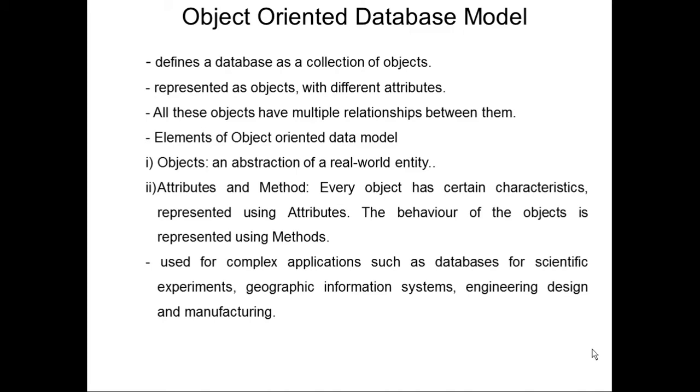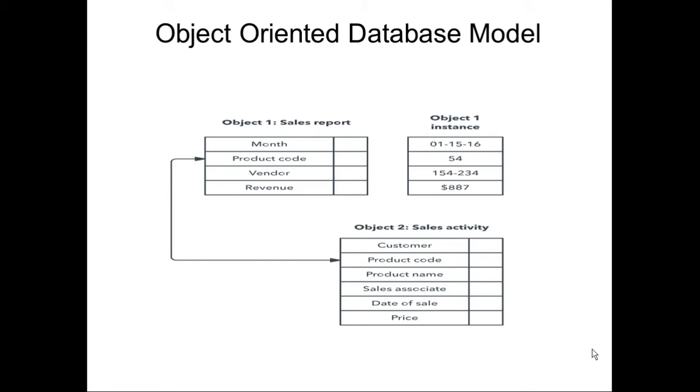The object-oriented database model can be used for scientific experiments, geographic information systems, engineering design and manufacturing. Here 3 objects are there: sales report, and for that object the instance is object 1. Then the sales report is connected to the second object, that is sales activity.